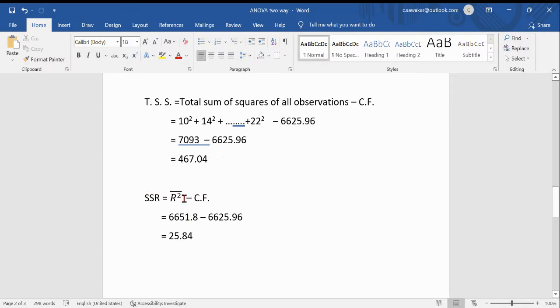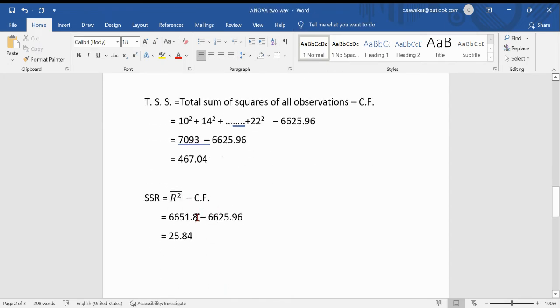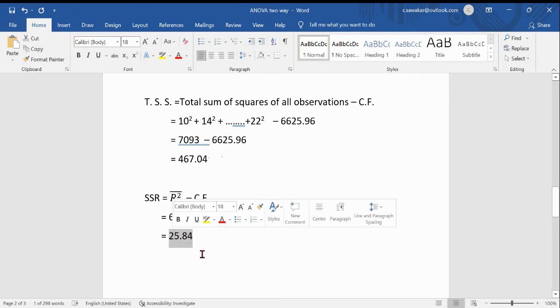So SSR is R square bar, which we have calculated already, 6651.8, minus the correction factor, which we also know, and that comes out to be 25.84.